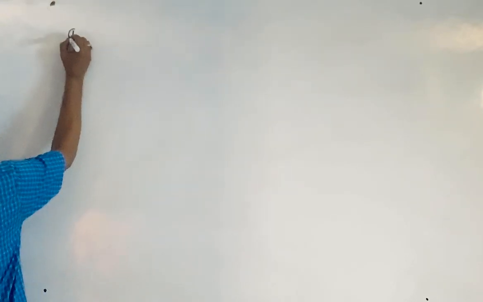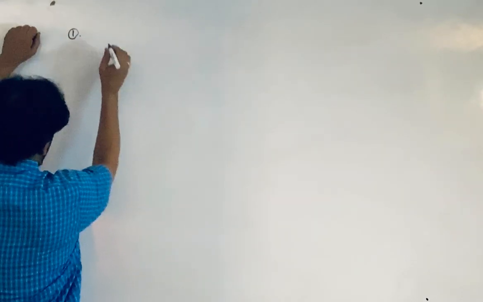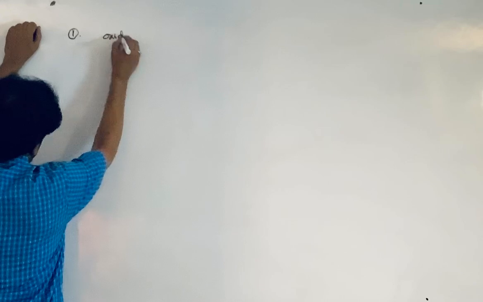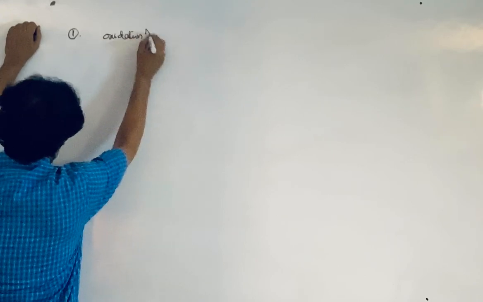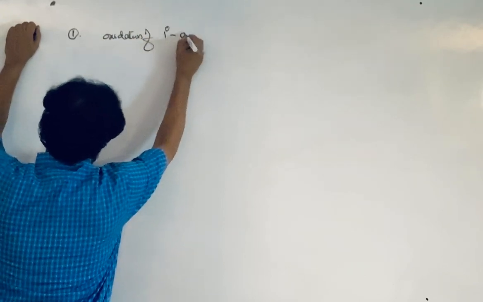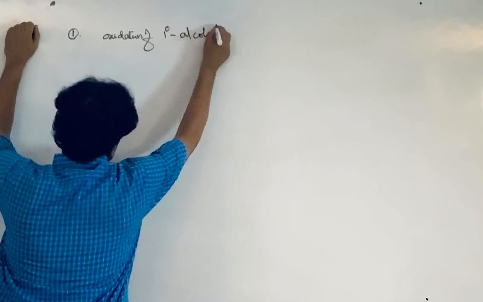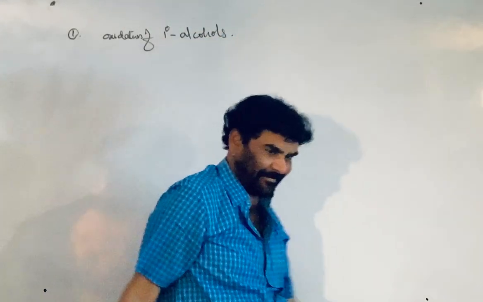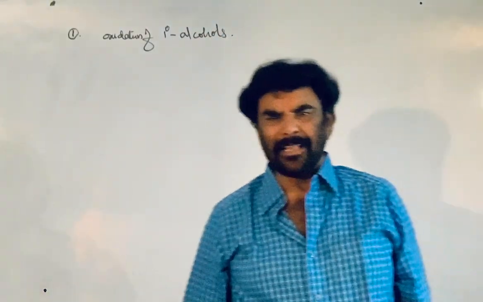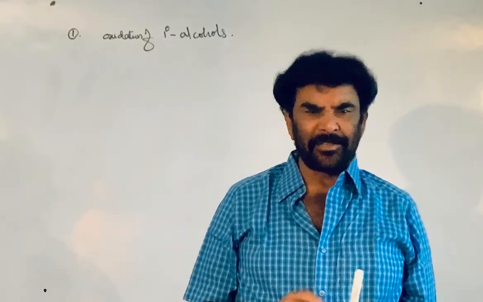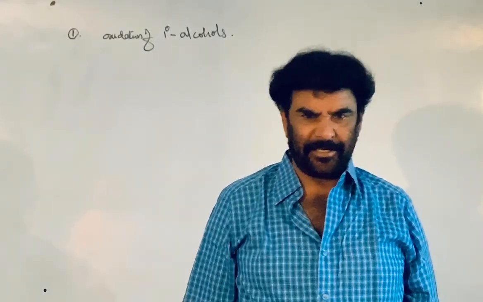First one. See, the common method is the oxidation of 1 degree alcohols. 1 degree alcohols are good starting materials for the preparation of carboxylic acids.